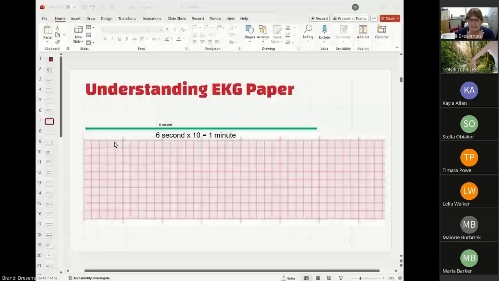So if we take a 6-second strip and we multiply whatever QRS complexes we have in there by 10, that will give us our heart rate. And we're going to practice lots of these.